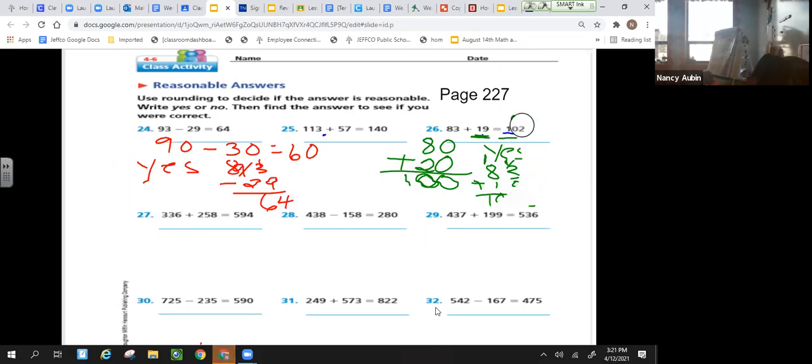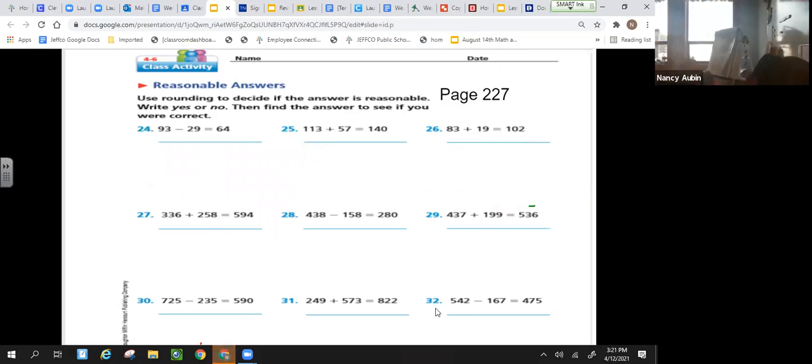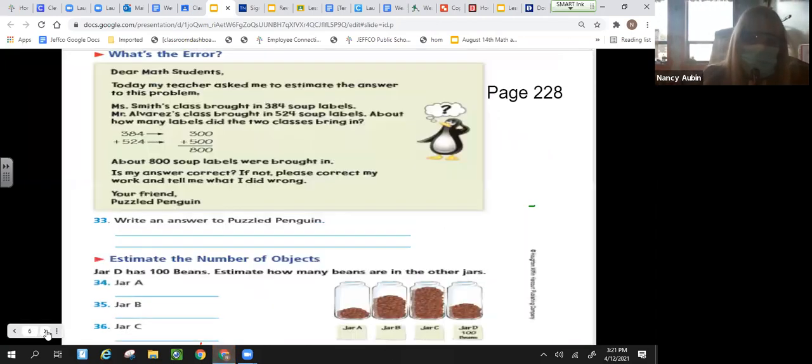All right. Here is your exit ticket. It is a Puzzle Penguin. We are going to answer this for Puzzle Penguin. Dear math students, today my teacher asked me to estimate the answer to this problem. Miss Smith's class brought in 384 soup labels.